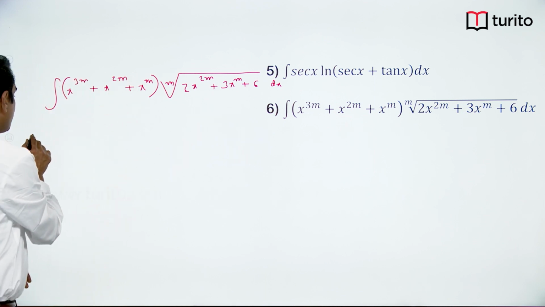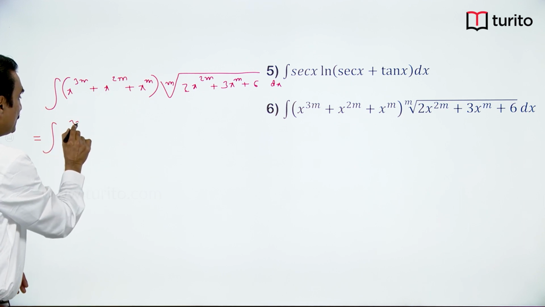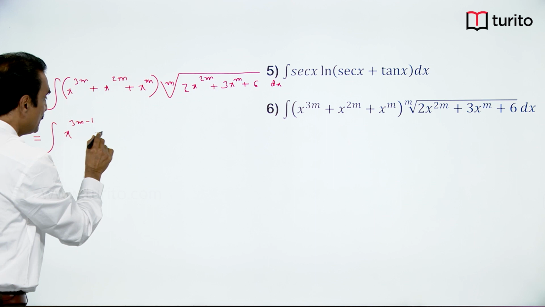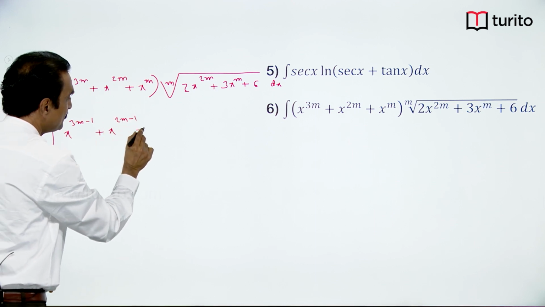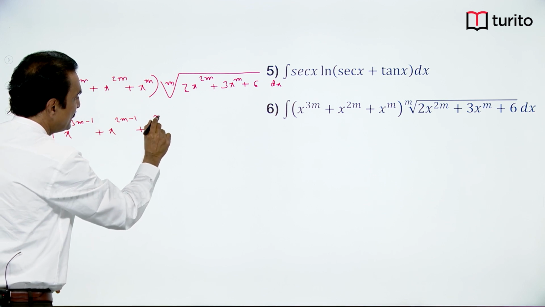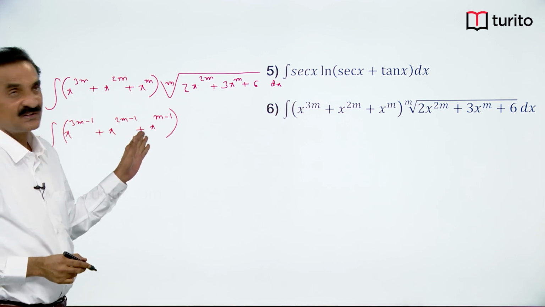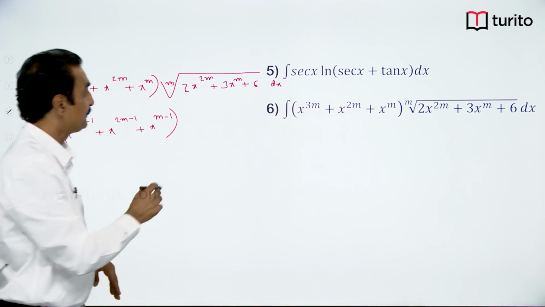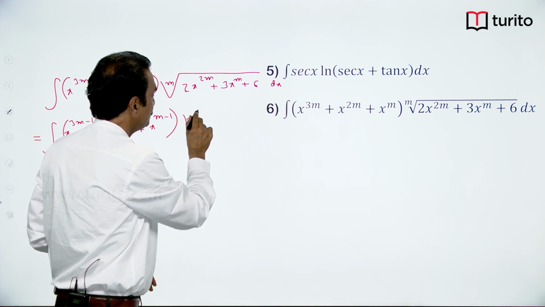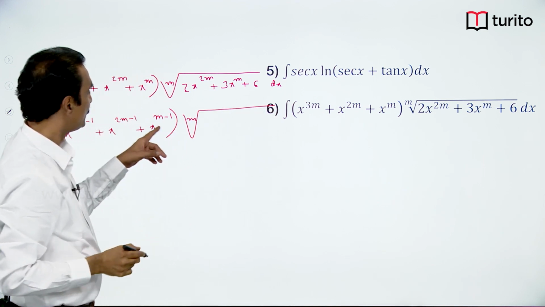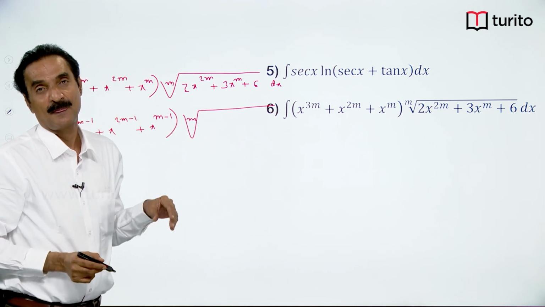Then this becomes x power 3m minus 1 plus x power 2m minus 1 plus x power m minus 1, into mth root of, if x goes inside the mth root, it becomes x power m.